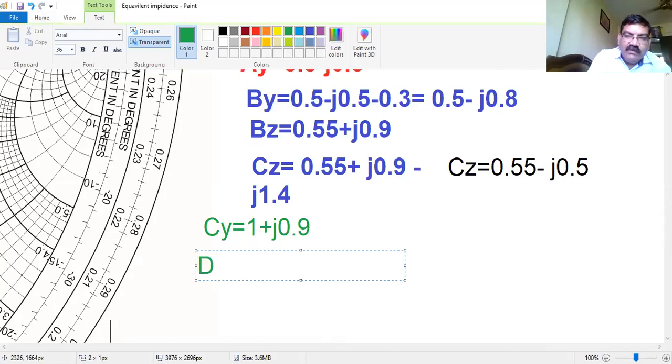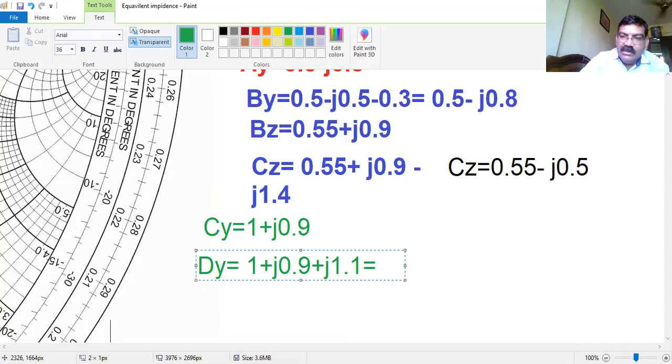Here DY equals 1 as it is, plus j0.9 as it is above, and I have to add j1.1.